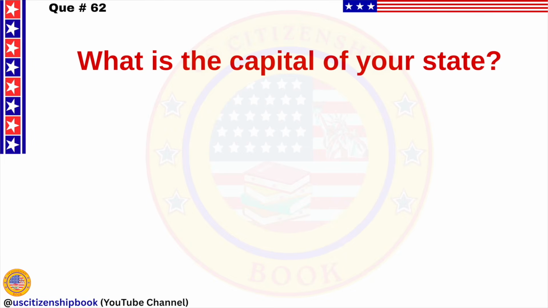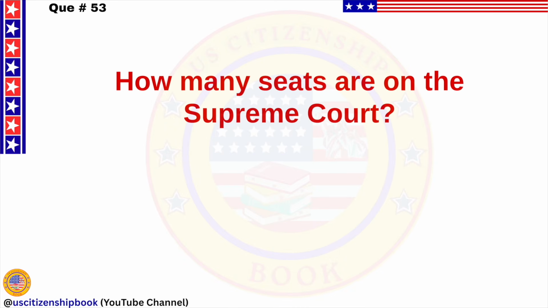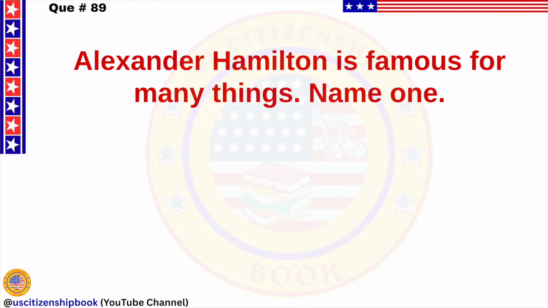What is the capital of your state? Answers will vary. How many seats are on the Supreme Court? Nine. Alexander Hamilton is famous for many things. Name one.